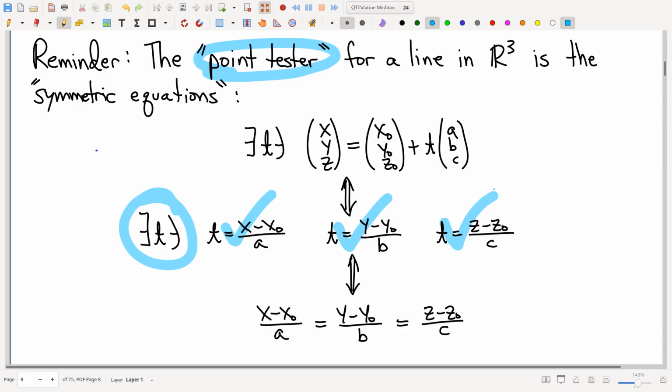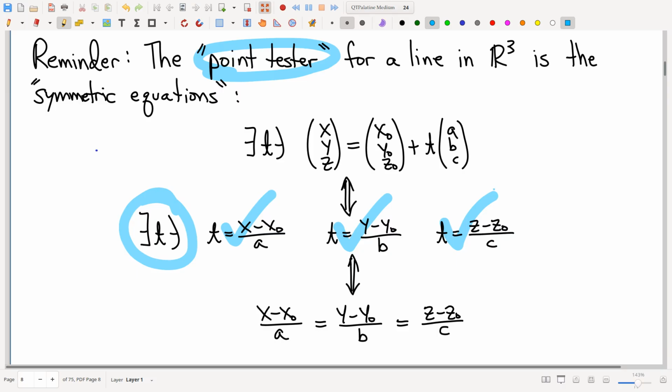And I claim this is a pretty simple question. If there is a single value of t that's equal to all three of these things, I mean, it kind of sounds nonsensical. How could one number equal multiple numbers? Can you think of a value of t that's equal to 4 and 7 and 19? No, of course not.